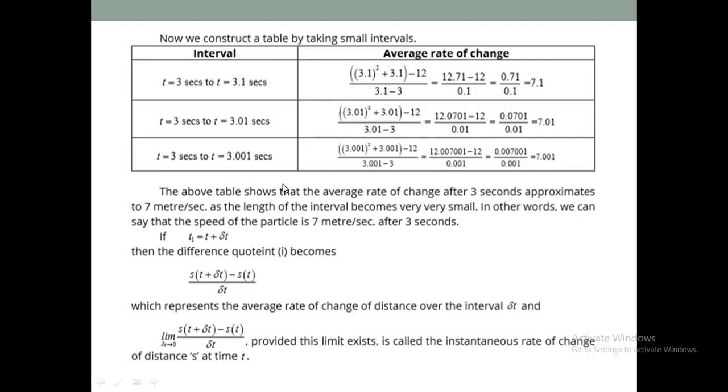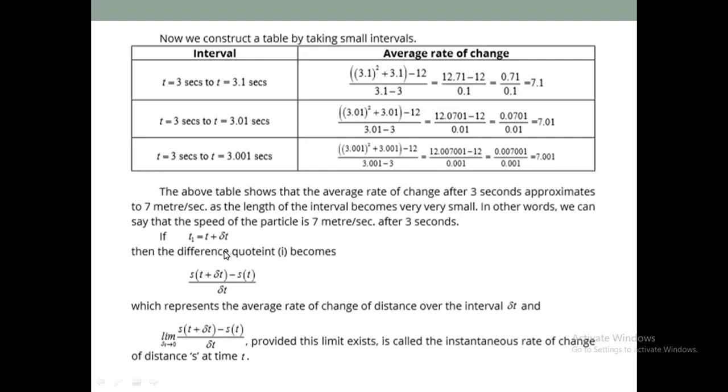The above table shows the average rate of change after 3 seconds is approximately 7 meters per second. As the length of the interval becomes very small, in other words, we can say that the speed of the particle is 7 meters per second after 3 seconds.